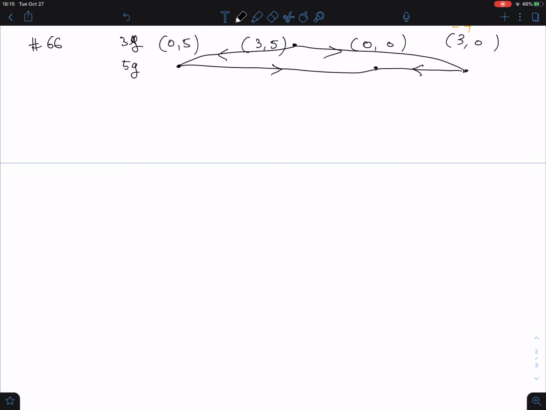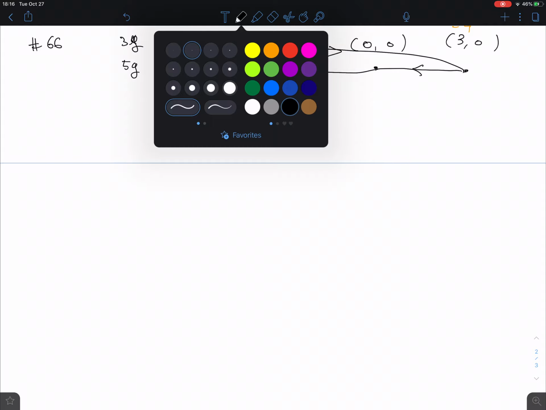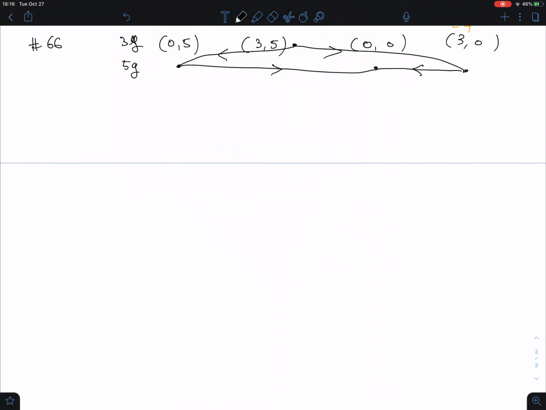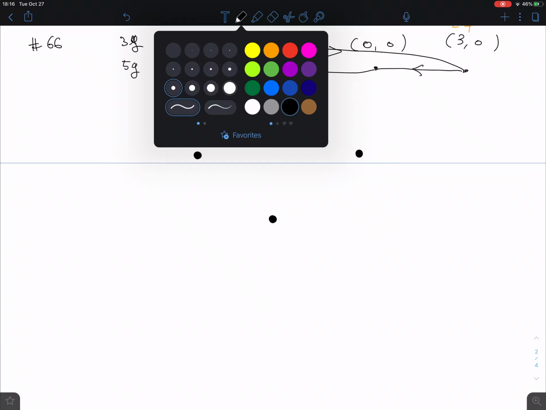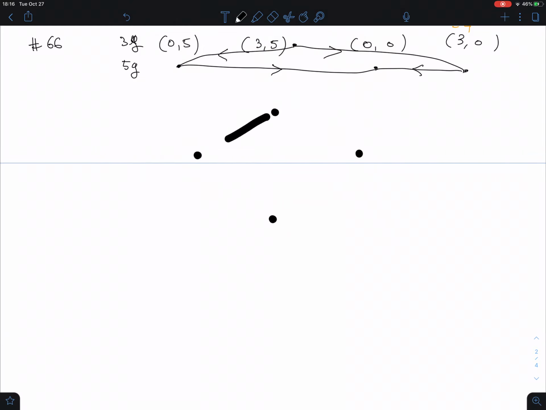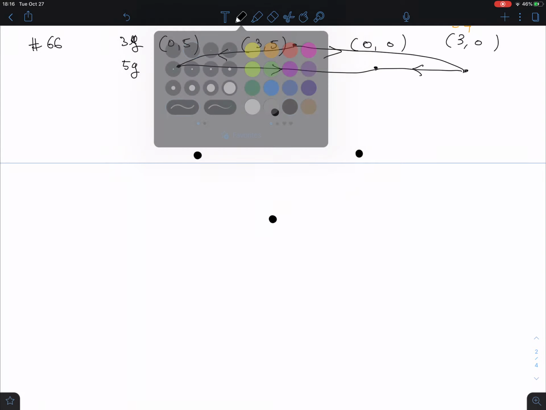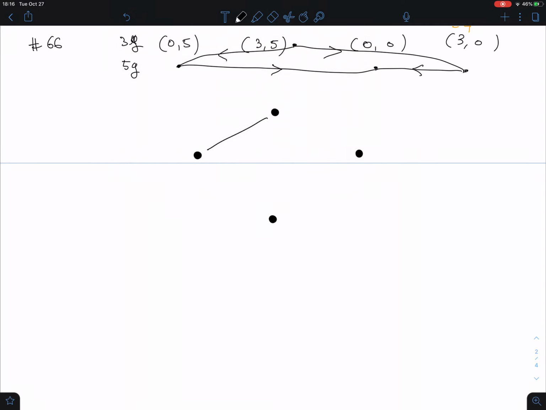Okay, so that's a couple of things. Let me redraw this graph a little bit because it got a little bit squeezed in. So we have this guy, this guy, this guy, this guy. There are going to be many more. This is the 3-5 configuration.